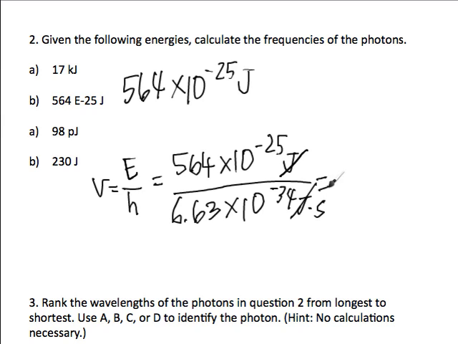And then we're left with, using our calculators, 0.51 times 10 to the 10. Because 1 over seconds is the same thing as hertz, we usually just write hertz for frequency. On the calculator, we'll see E10. So E10 is just the same as times 10 to the 10.